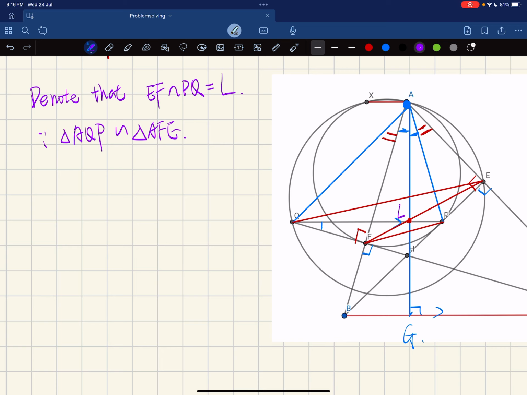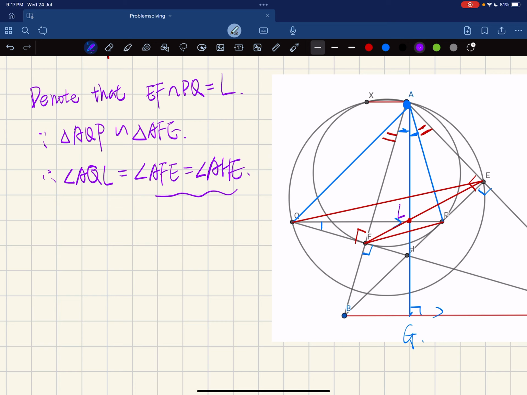So the thing we can get is the angle AQL equals angle AFE and equals angle AHE.